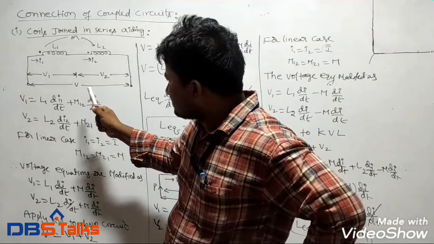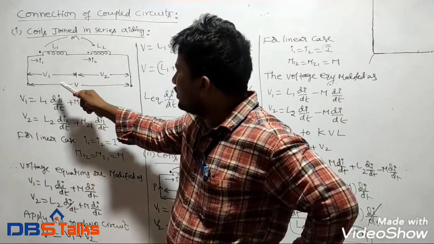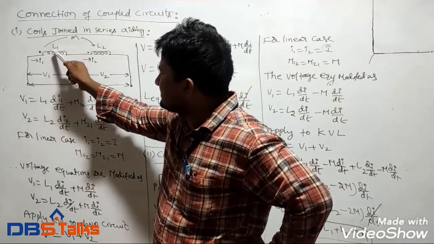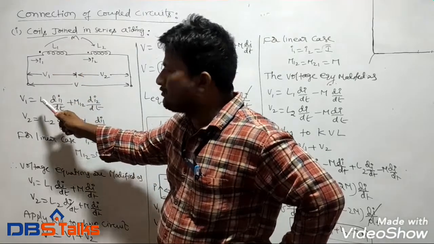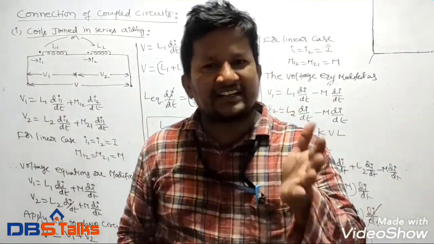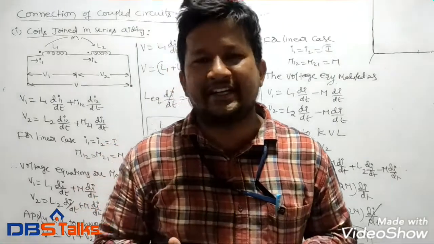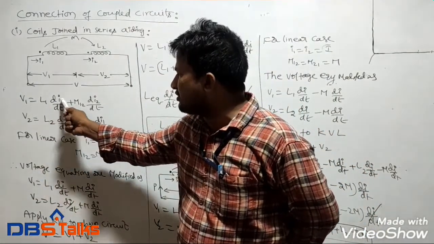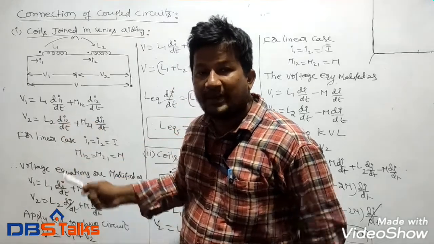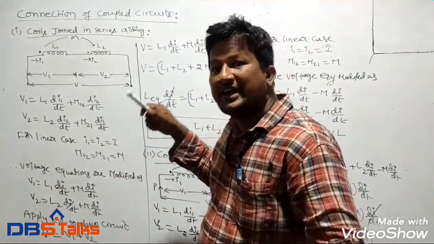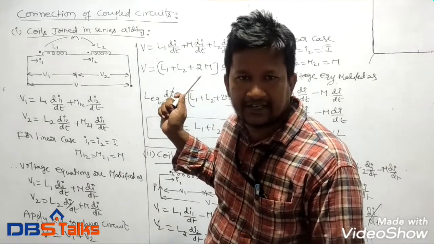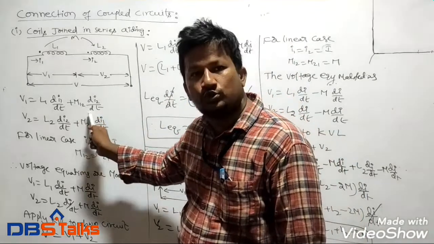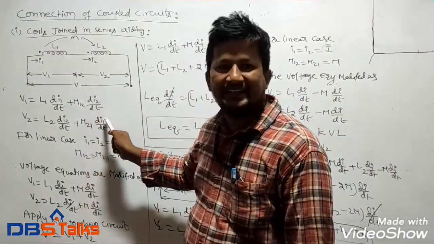Now apply the voltage equation across coil 1, that is V1 is equal to L1 di1 by dt plus, because of I1 current, mutual inductance is occurring in the secondary coil, so M12 di2 by dt.